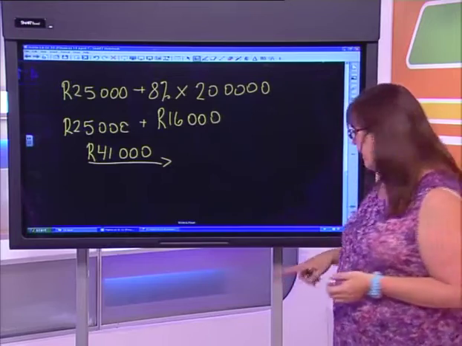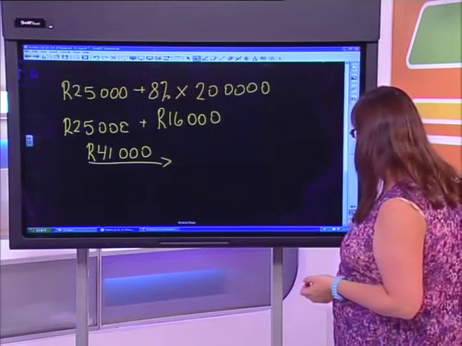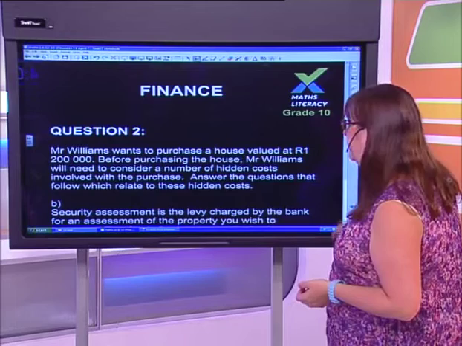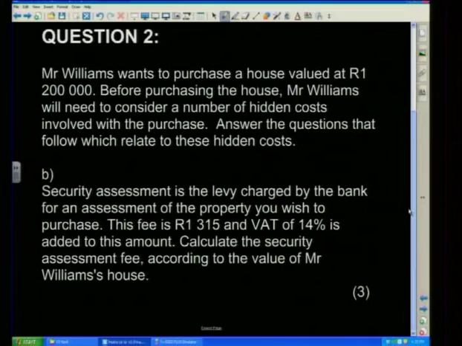Right, so let's move on to his next hidden cost. There's something called security assessments. It's a levy, or another way of saying a tax, charged by the bank for an assessment of the property.